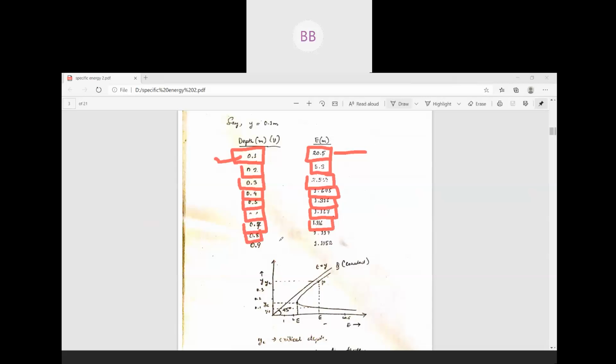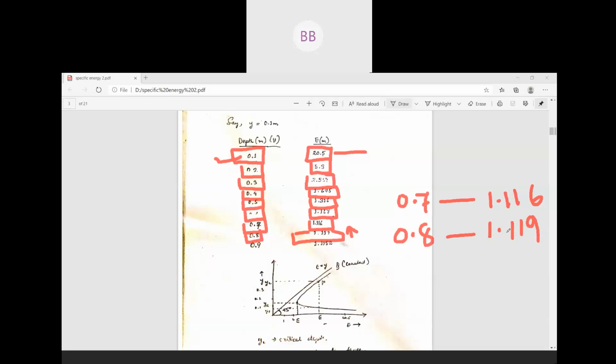0.8, you see at 0.8, it started increasing again. At 0.7, you got 1.116. When your depth is 0.7, the specific energy is 1.116. When your depth of flow is 0.8, the specific energy is 1.119.